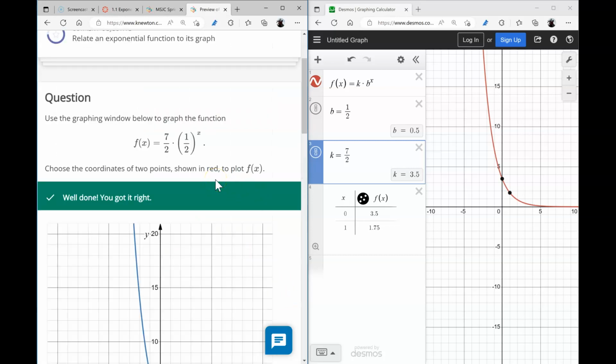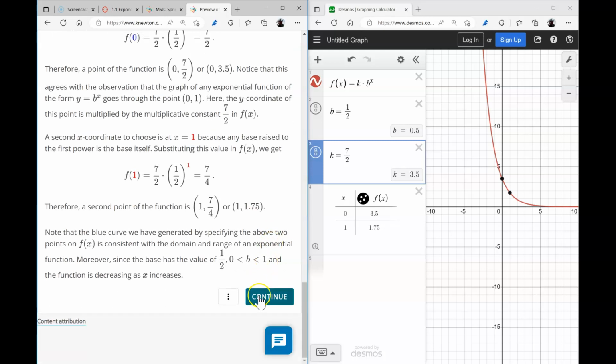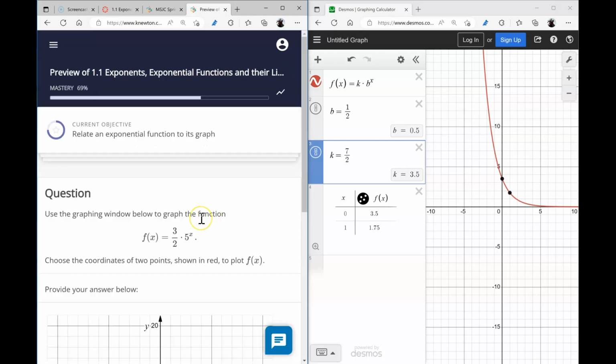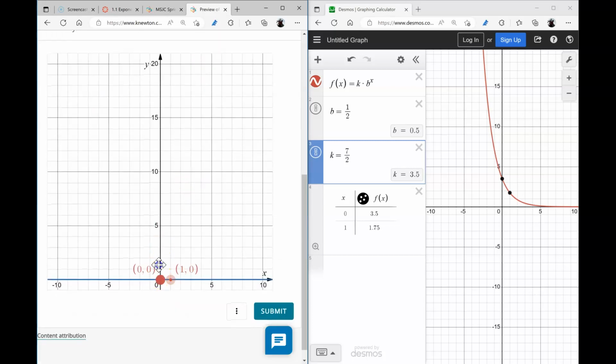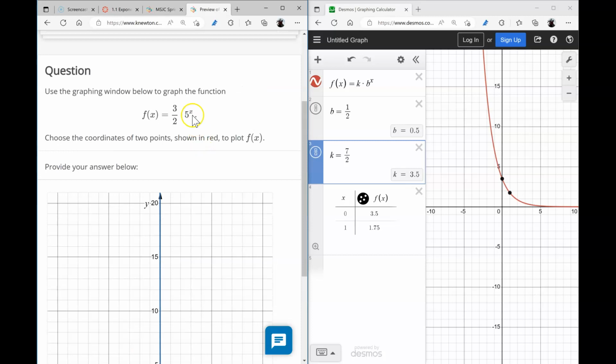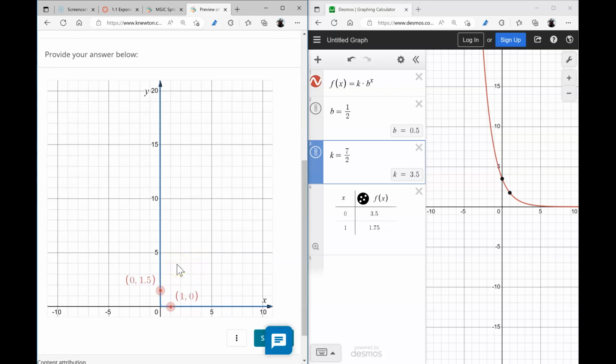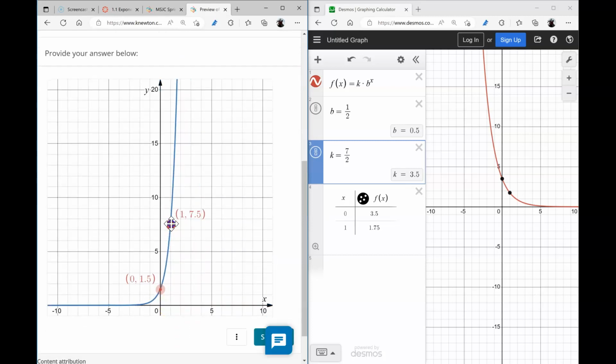And of course, it's a decreasing function because the base of the exponent is between 0 and 1. Similar problem. This time we can maybe try shortcuts here. So when x is 0, the output is just 3/2. When x is 1, the output is 15/2, which is 7.5.